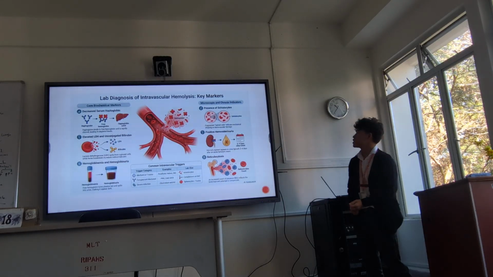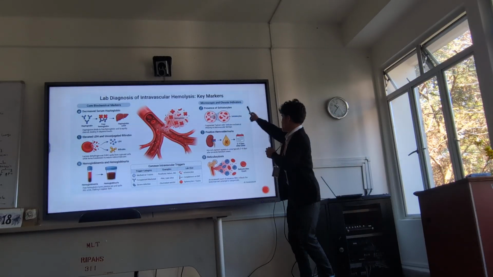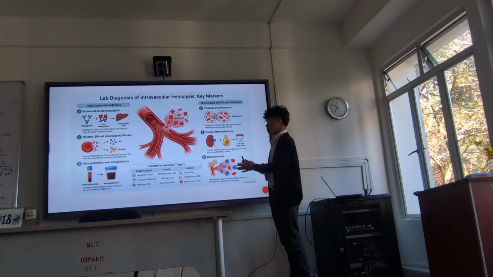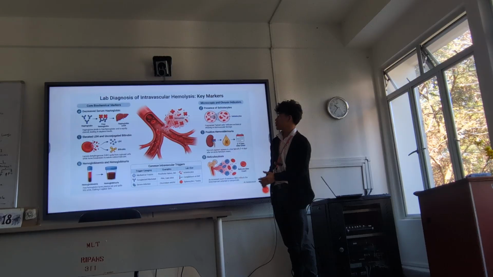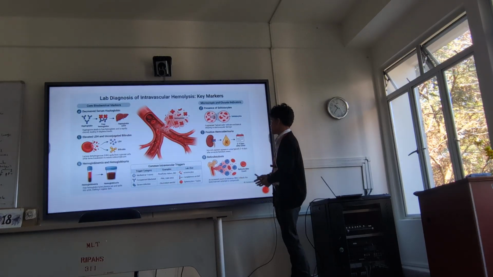This is the lab diagnosis of intravascular hemolysis. These are the PBS, peripheral blood smear or microscopic examination, showing the presence of schistocytes as the hallmark, and positive hemosiderinuria, that means hemosiderin in urine.